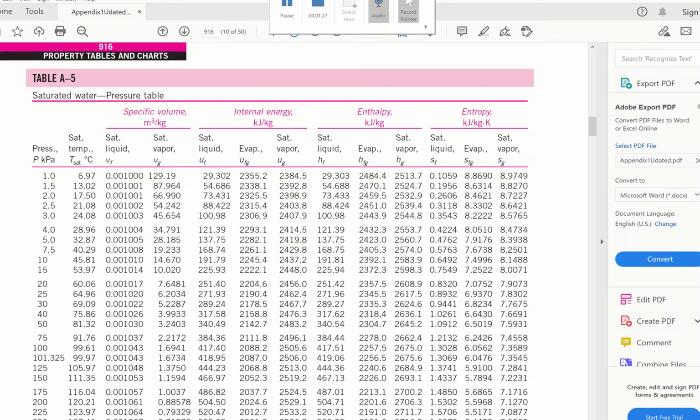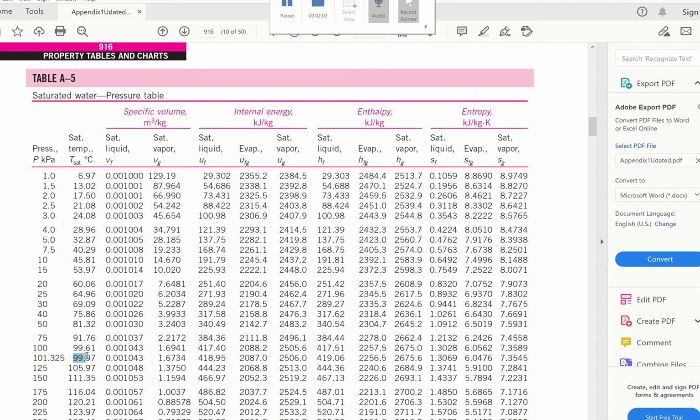Okay, so let's go to A5, 109.7 kilopascal. Obviously in this pressure table there's no 109 or 110, so it's between 101 and 121, right? It's okay, we don't have the exact pressure, and that happens quite often, so embrace it.